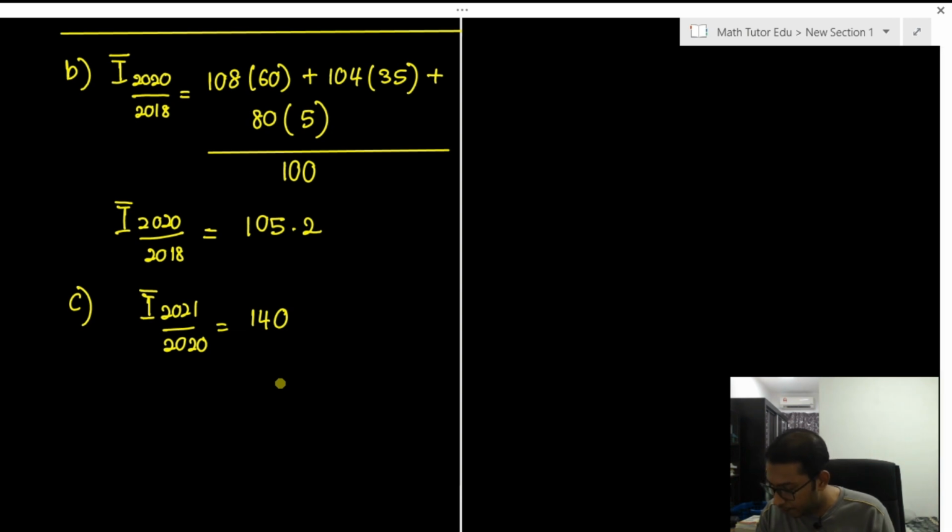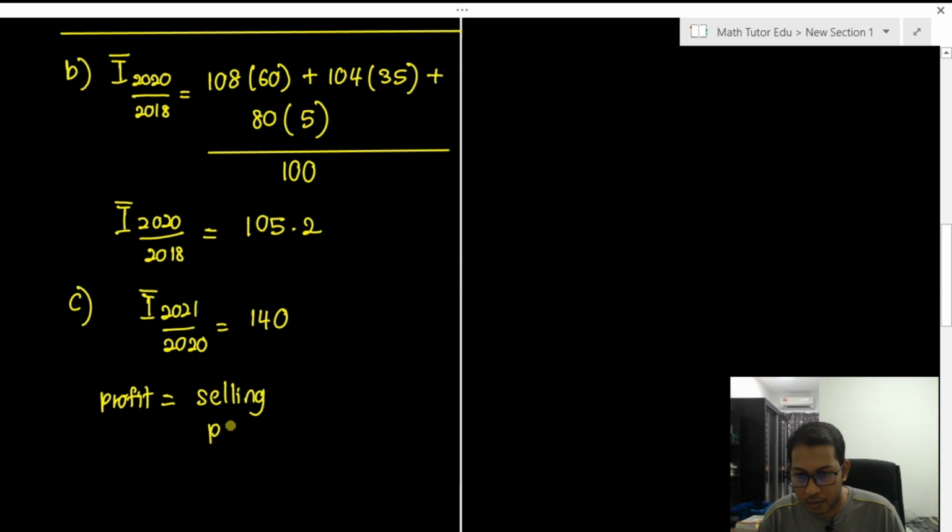The selling price of a packet of food is 43 ringgit with a profit of 5 ringgit. So let us find the cost. In order to calculate the cost, we need to know the actual formula, guys. This is the formula. Profit is the selling price minus the cost. If your selling price is higher than the cost, that means you're making a profit.